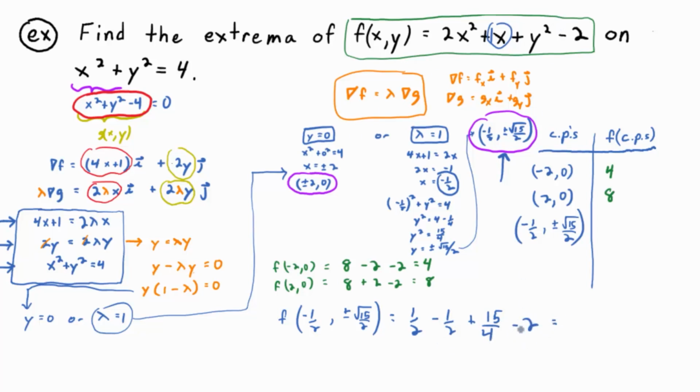So that would be 15/4 minus 8/4, 7/4. Everybody agree with that? Okay. Which one's the biggest? Here's your absolute maximum. Which one's the smallest? 7/4. Absolute minimum.